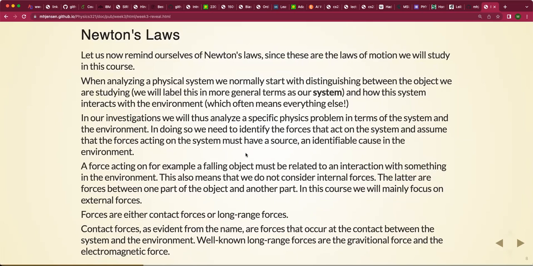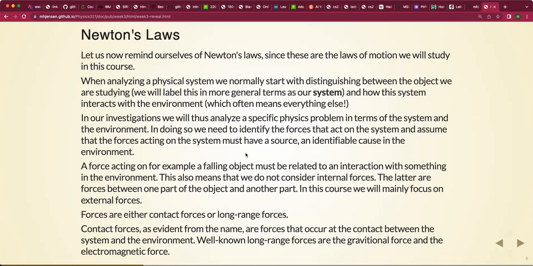This is a kind of analysis which we are going to do again and again throughout this semester here. And as you can see here, if you think of a force of a falling object, that must be related to an interaction with something in the environment. And that means also that we do not consider internal forces. So if you look at this block, which is sliding on a plane, not the most exciting problem anyway, we are never going to study the internal forces which keep the block together. So the block is just going to be one object.